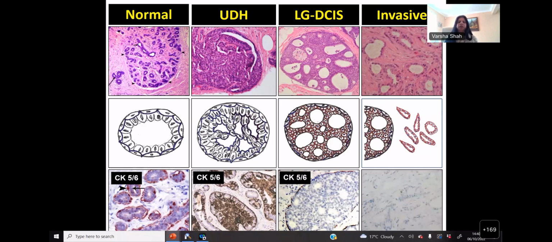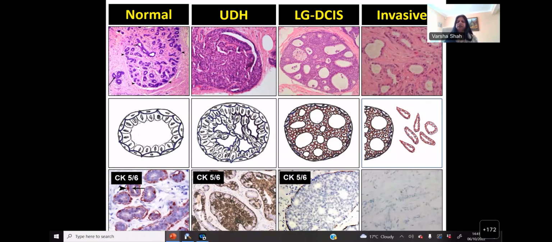But the outer myoepithelial layer does not proliferate. So when the duct gets expanded, these myoepithelial cells may become very atrophic, particularly in high-grade DCIS. Sometimes you may just see an interrupted myoepithelial layer. So that is the difference between UDH and low-grade DCIS.